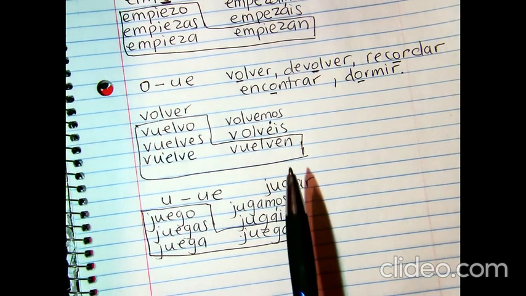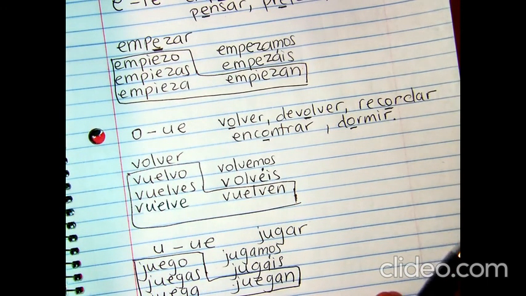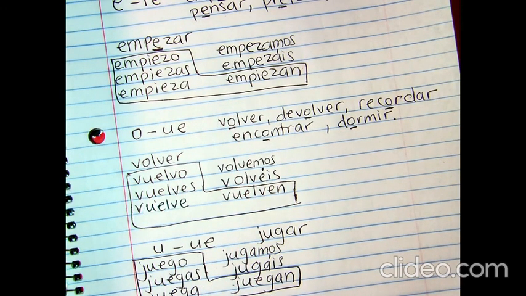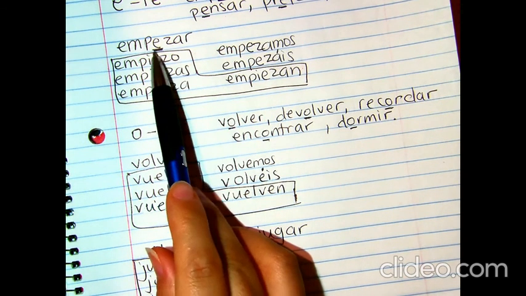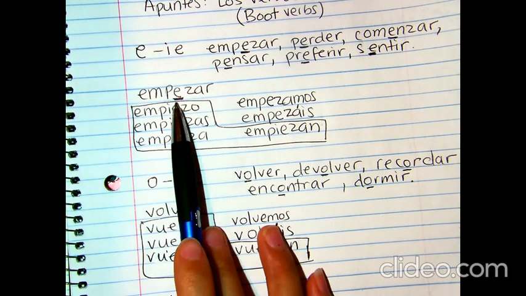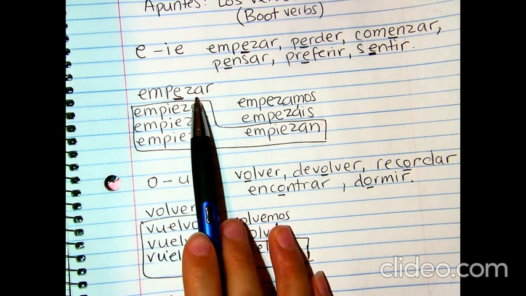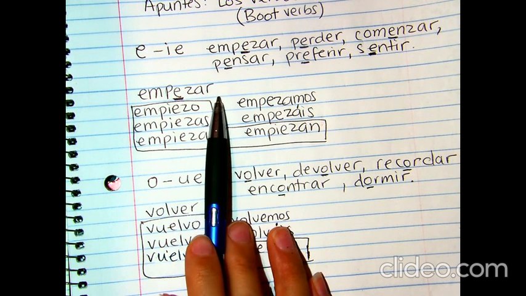Remember that the endings right here are the same AR endings. So for this, you need to remember your AR endings, ER endings, or IR endings. So you change the E in the verb, for example, E to an IE. You drop the ending and you change it to the regular present tense ending.